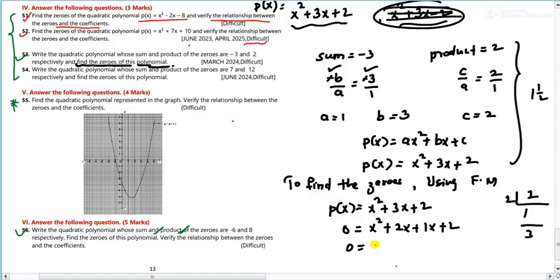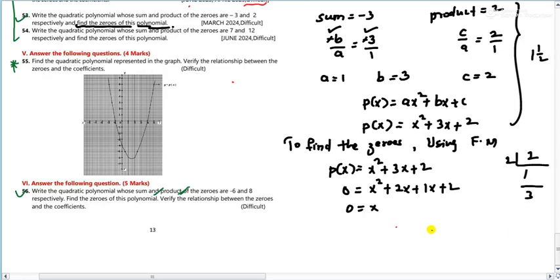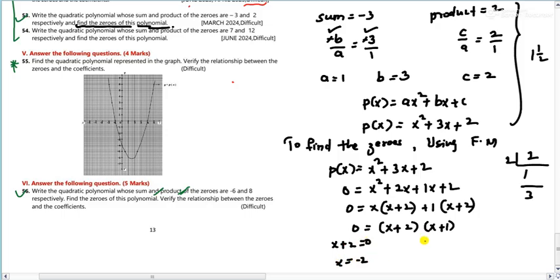Then 0, you take x common, you'll get x plus 2, and if you take 1 common, again you will get x plus 2. Now take x plus 2 as common, you'll get x plus 1 here. Equate them both to 0, you'll get x as minus 2 here, and x plus 1 equals 0, you'll get x as minus 1 here. So these are the zeros of polynomial.